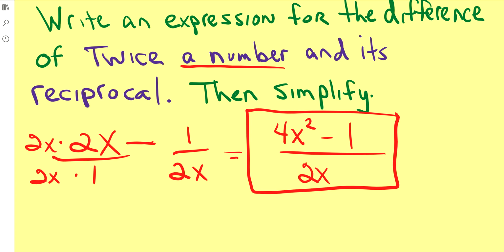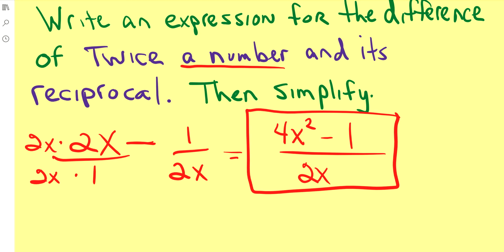So twice a number is 2x, its reciprocal is 1 over 2x, and that's how I'm determining that. They may be going by an x, or they made a mistake in their answer. I am very confident this is my answer, and I stand by it.